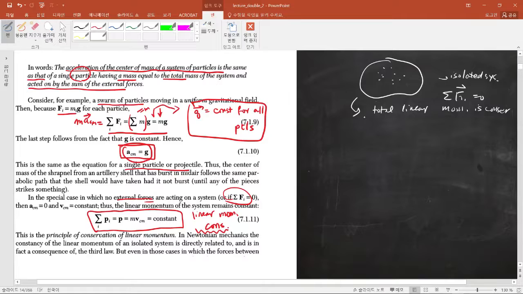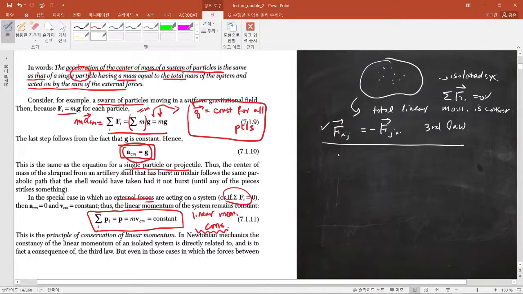Remember that in deriving this linear momentum conservation, the first condition is that the total external force vanishes, but we also used F_ij equal to minus F_ji, the force acting on the i-th particle by the j-th particle is minus the force on the j-th by the i-th. So this is Newton's third law, and we use these two conditions.